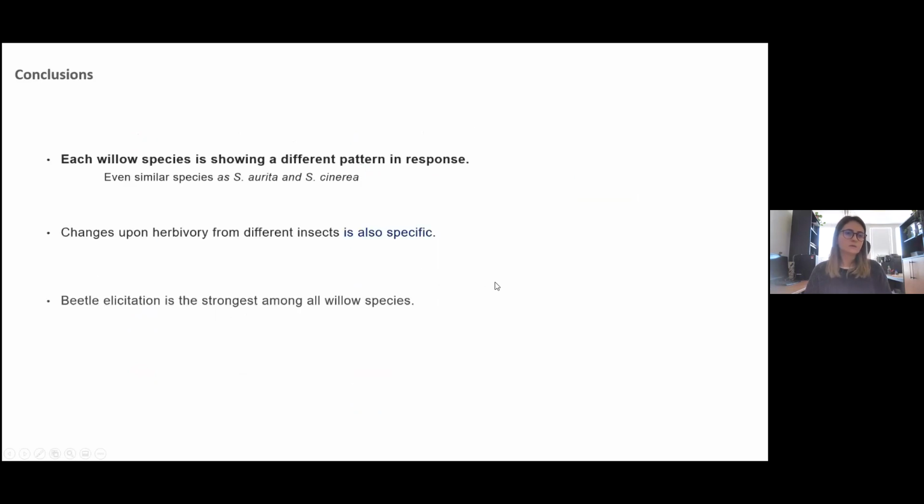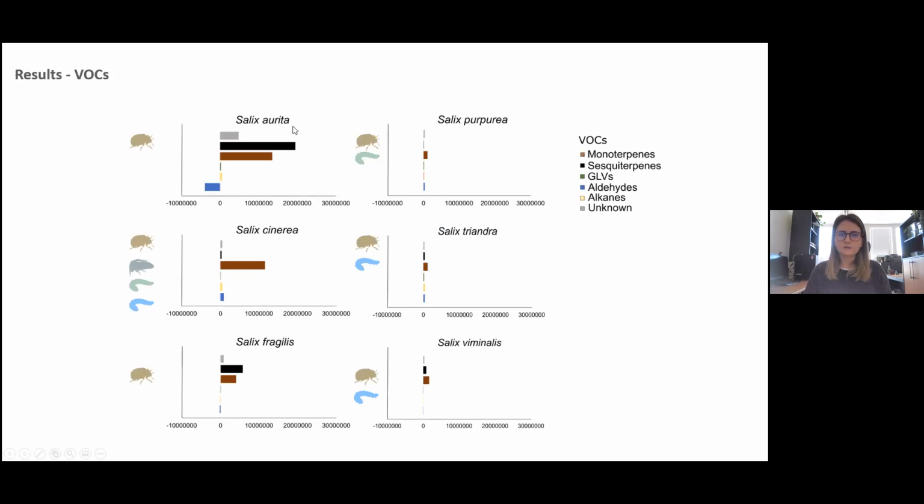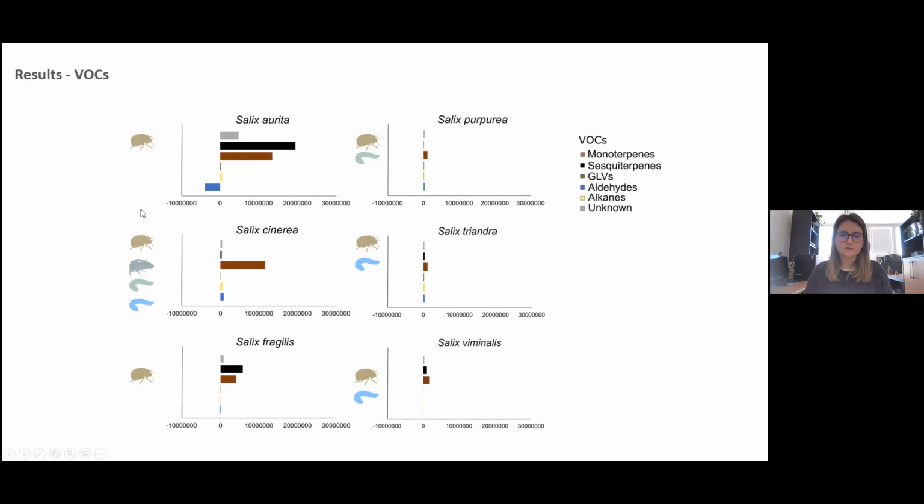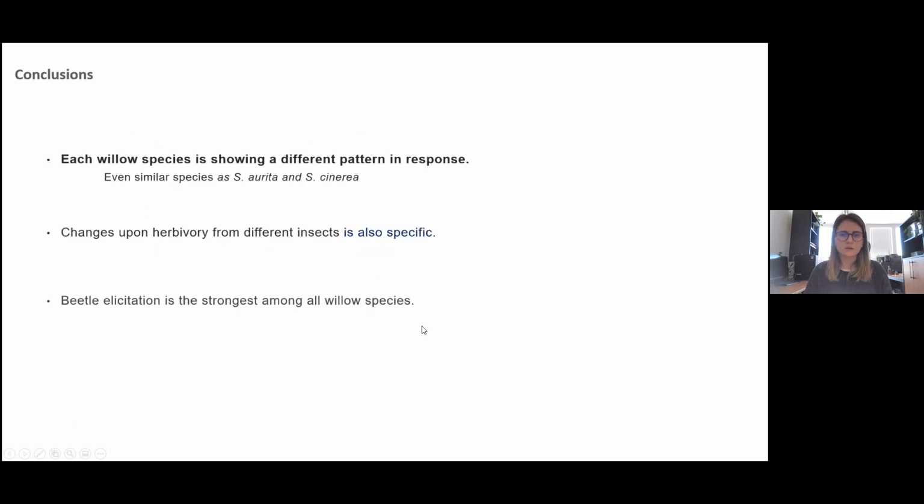So we can conclude that each species is showing a different pattern in response, and even species that are very similar in most of their traits, like aurita and cinerea, are showing very different behavior here. And these changes upon herbivory from different insects are also specific, because each of them is doing one separate thing.